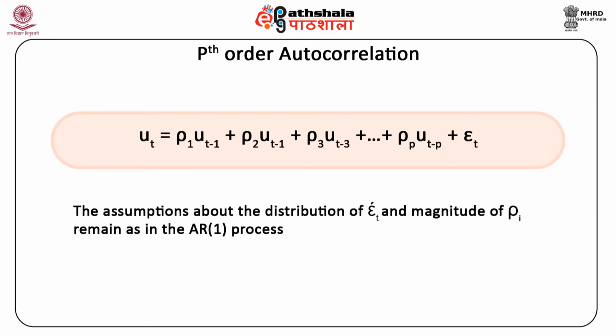The assumptions about the distribution of epsilon_t and magnitude of rho remain as in the AR(1) process.